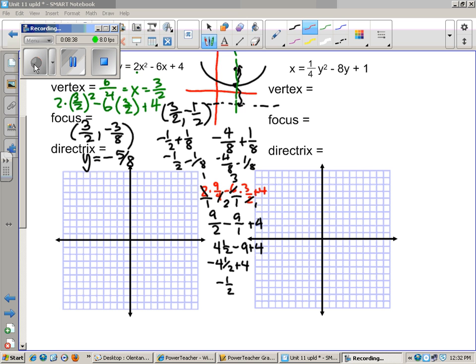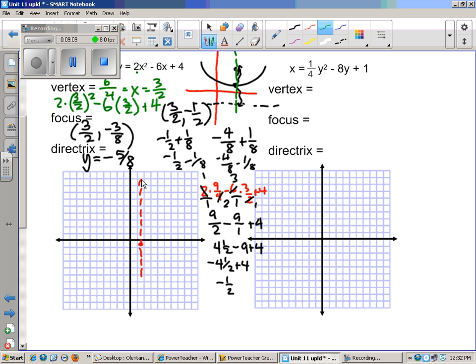Okay? All right. So my axis of symmetry is at 3 halves. So that's like right there, right? Right kind of in the middle of these blocks here. And my vertex is at 3 over 2, negative 1/2. So that would be like right there. Halfway down one block. But my focus is at 3 halves, negative 3/8.